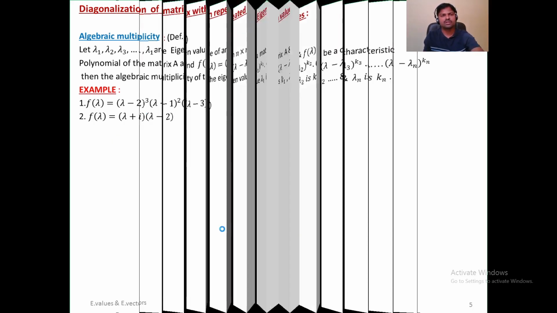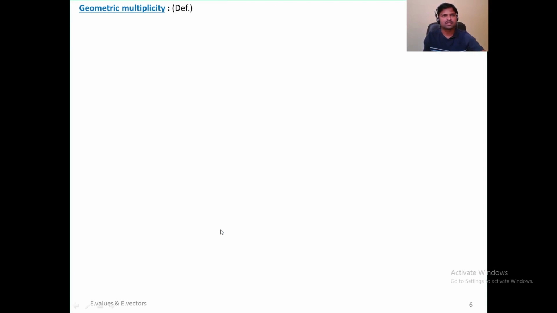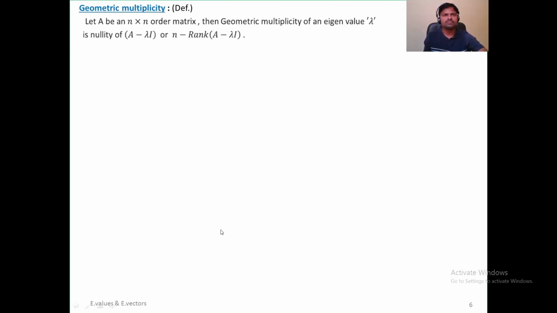Okay, next one, geometric multiplicities. Let A be an n by n square matrix.